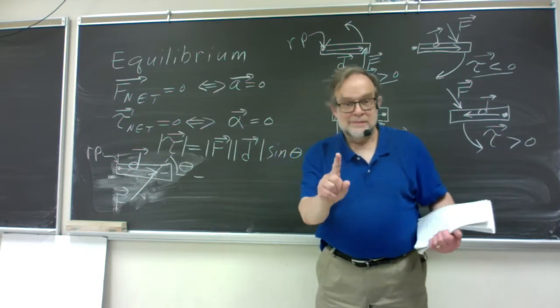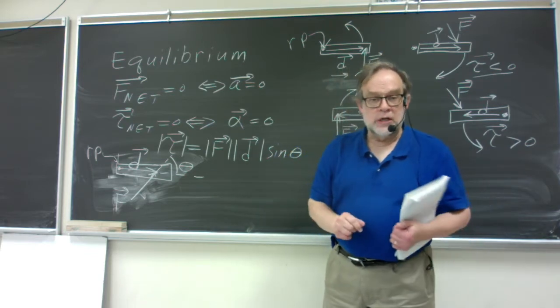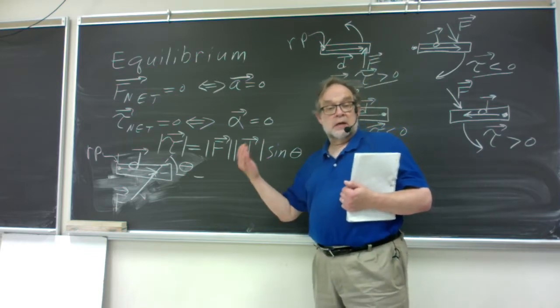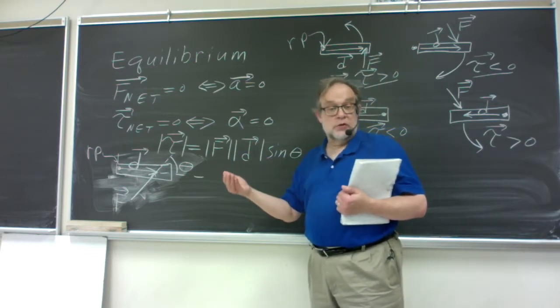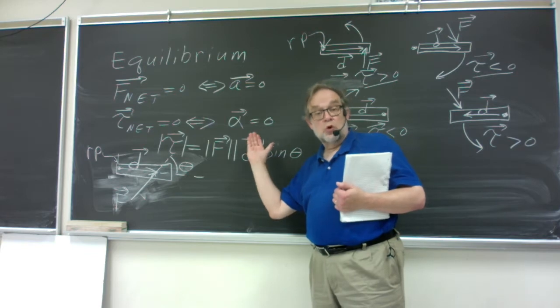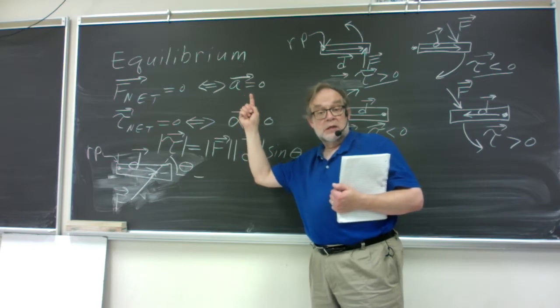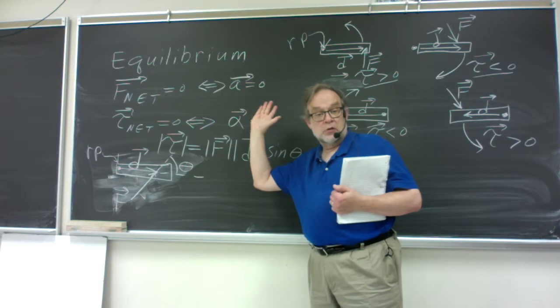But constant rotational velocity is the important part, right? Constant angular velocity means no angular acceleration, just as constant meters per second velocity means no meters per second kind of acceleration.